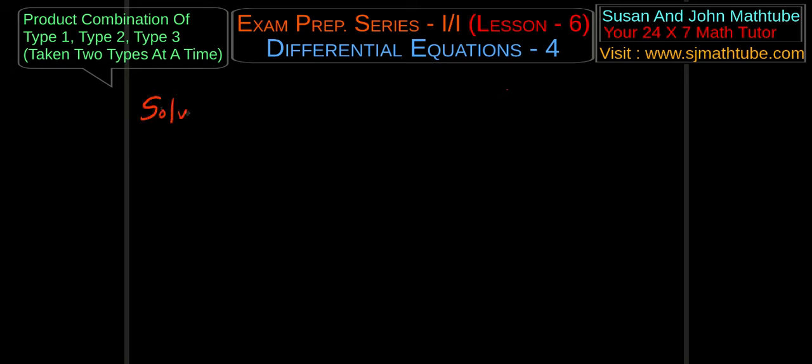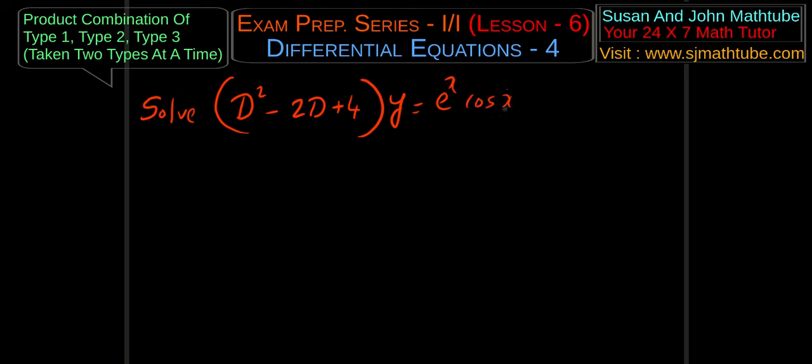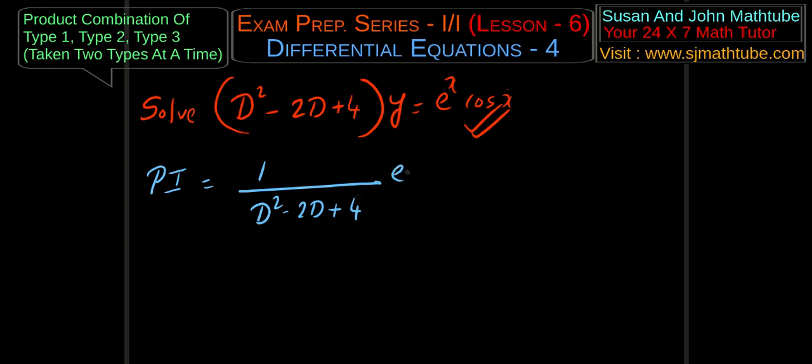Please write, solve (D square minus 2D plus 4) of y equal to e power x into cos x. The same process. I'll give you a hint for PI. So PI is 1 by operator, e power x into cos x. So we take this to this side.